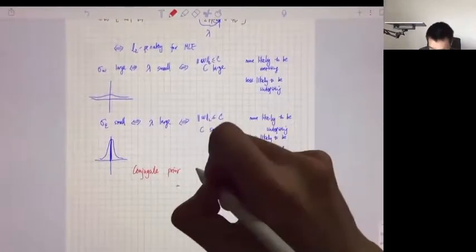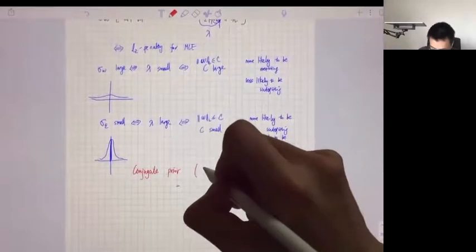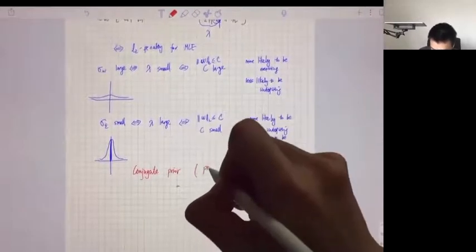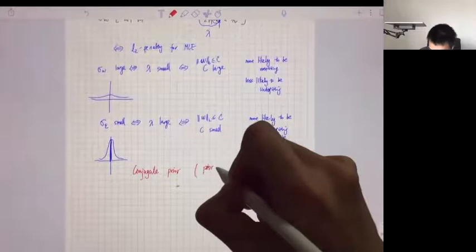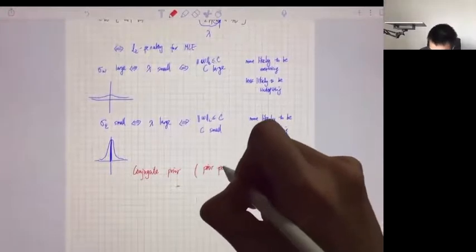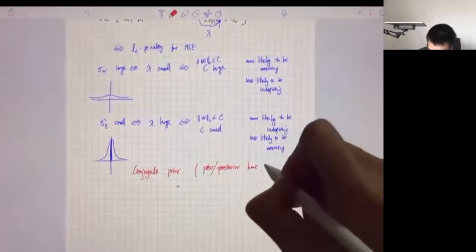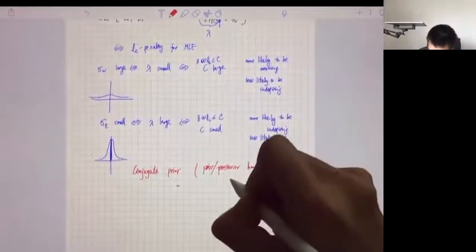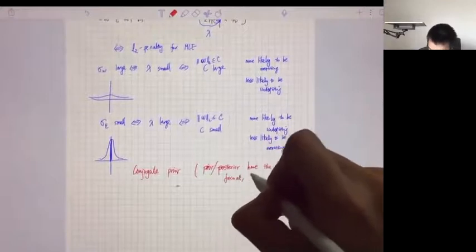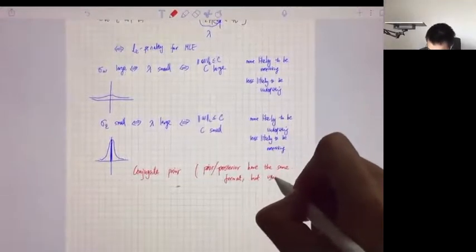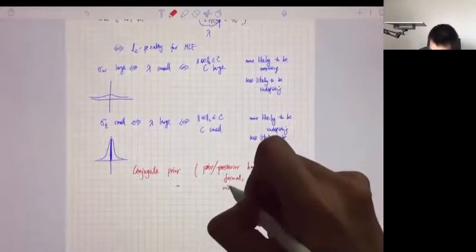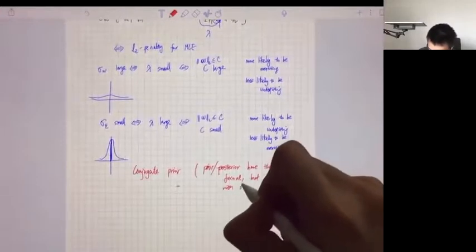Conjugate prior just means the prior and posterior distributions have the same format, but usually with different parameters.